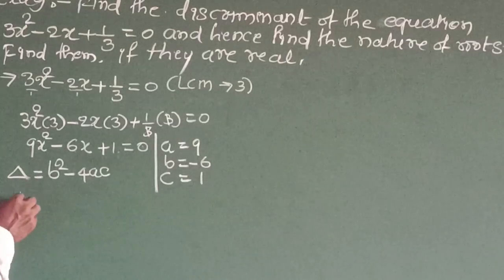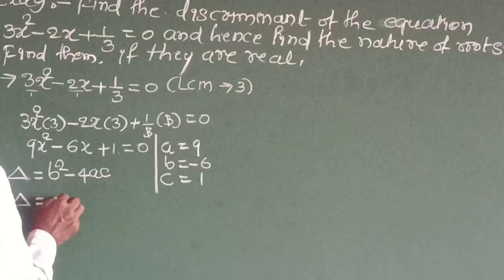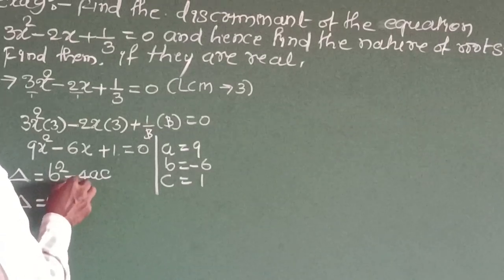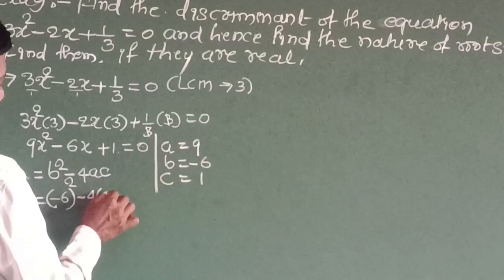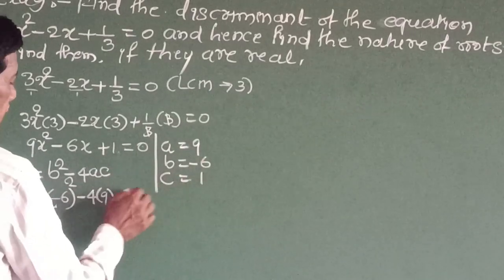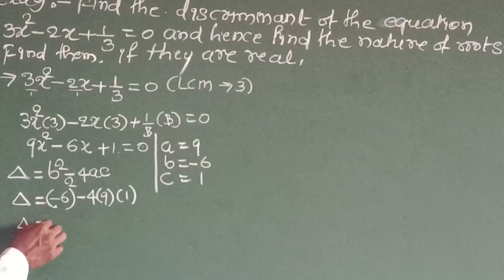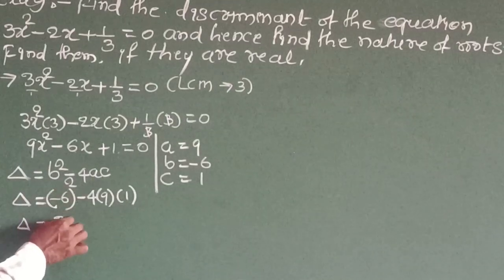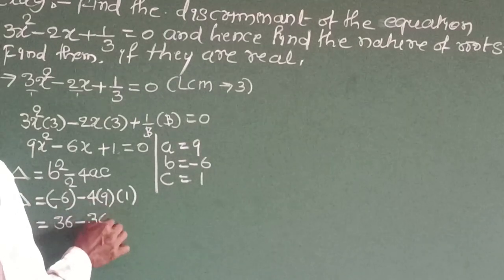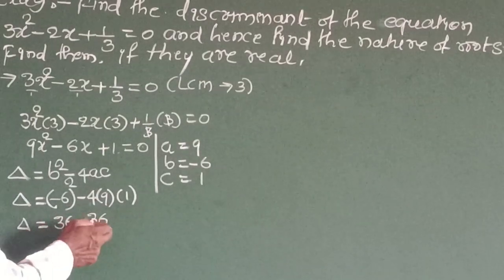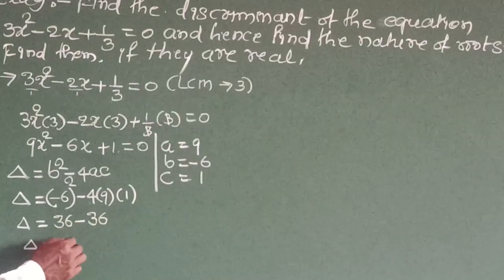B is minus 6 square minus 4, a is 9 and c is 1. So delta equal to 36 minus 4 nines are 36, so 36 minus 36, delta equal to 0.